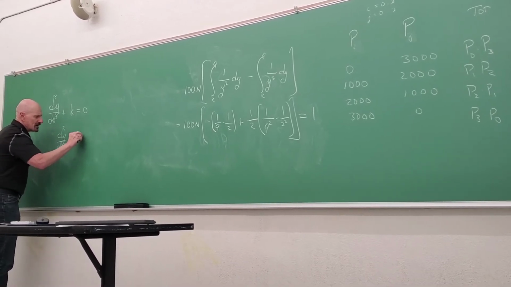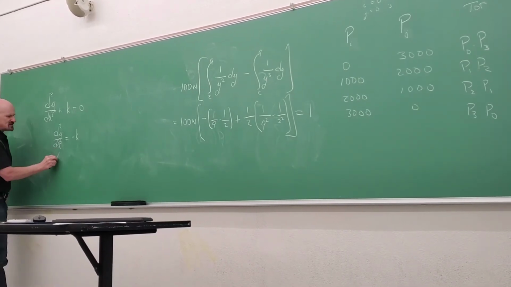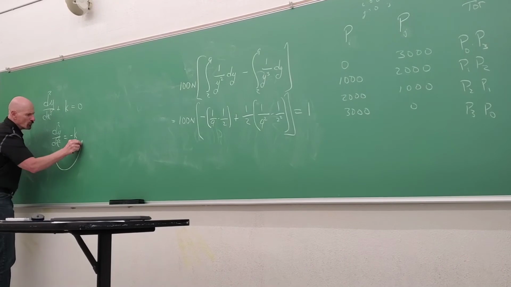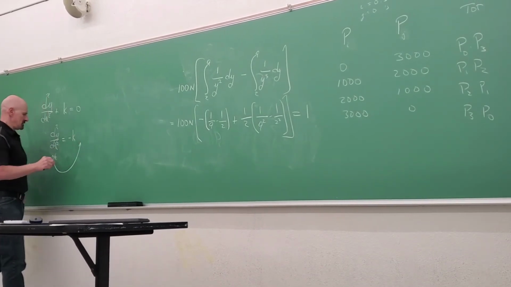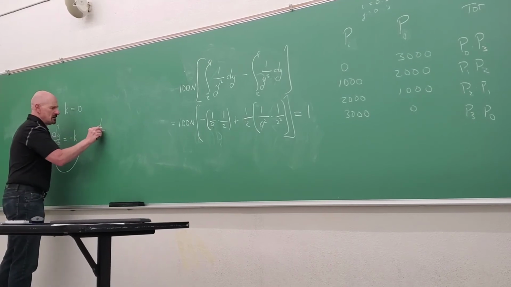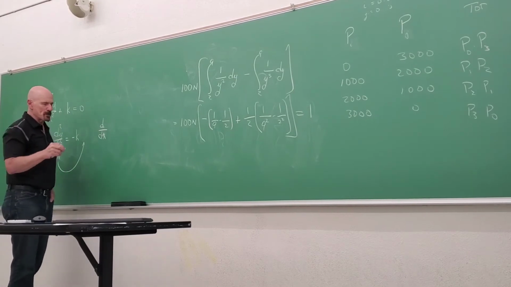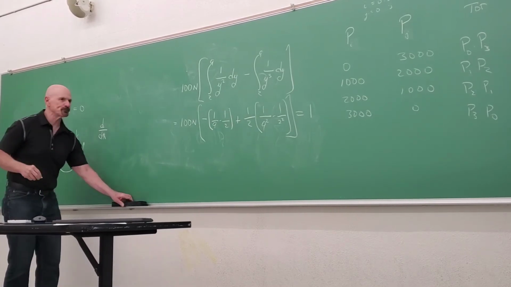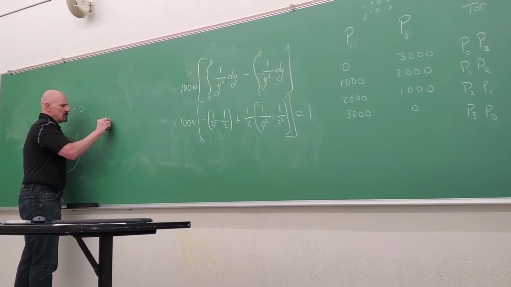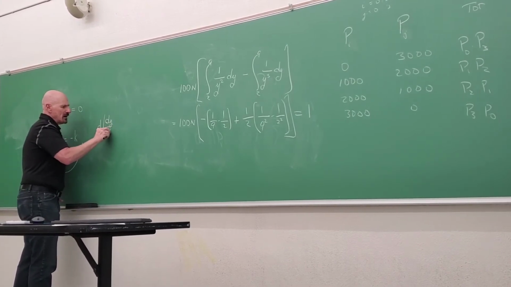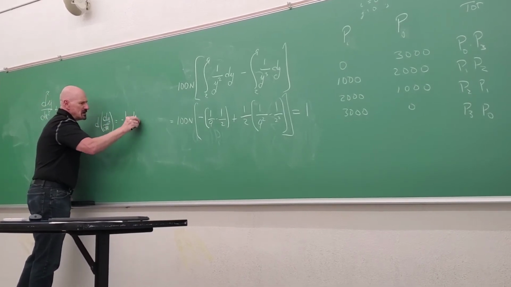Equals minus k, to bring it over to the other side. Then I will bring a dx over to here. So what I will have is dy dx is equal to minus k dx.